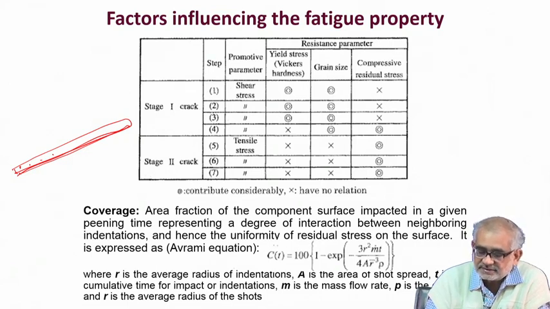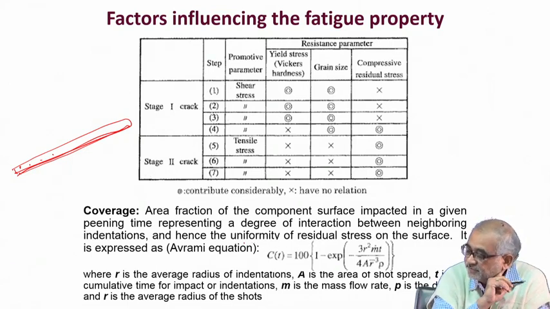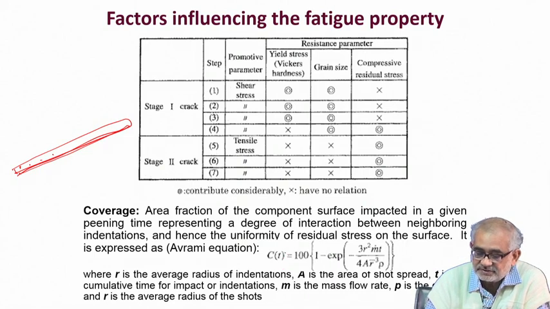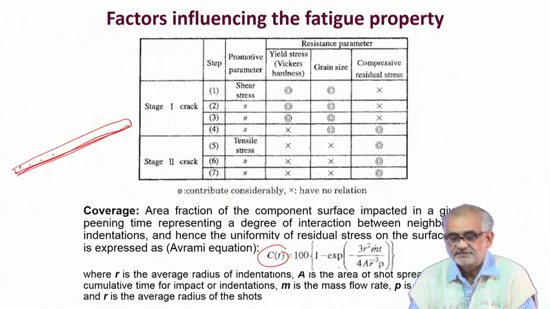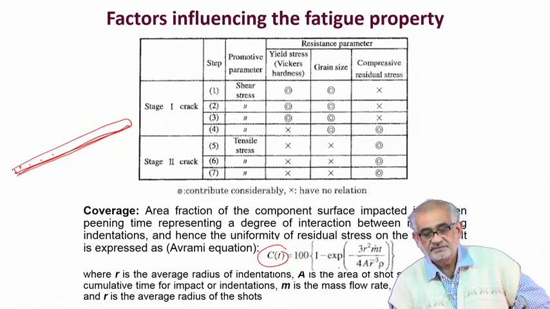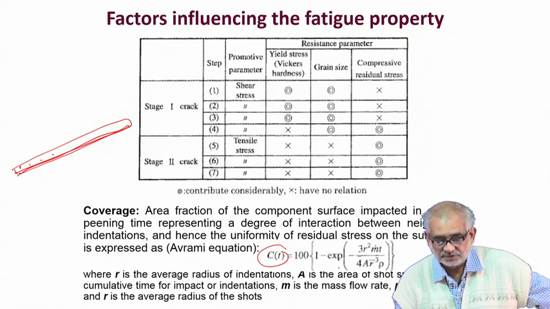And this kind of possibility can actually be modeled, typically through an Avrami equation, which is a function of the size and the velocity and also the speed at which they are covering the entire surface, integration for the entire surface.